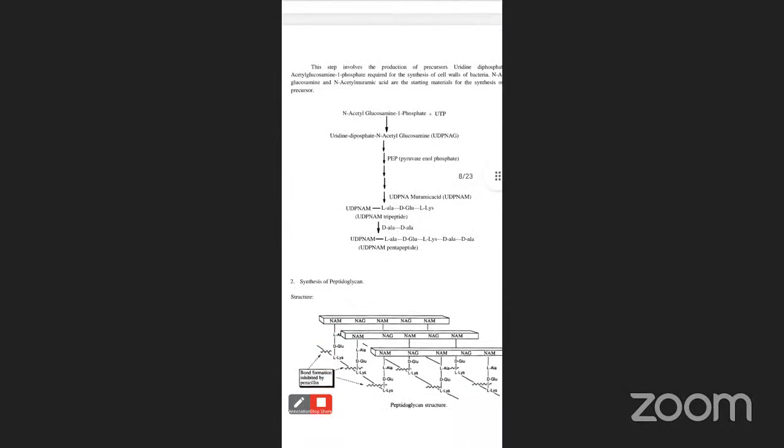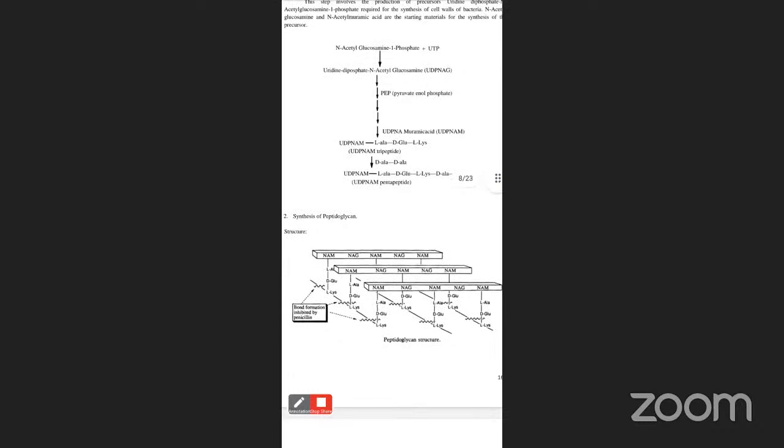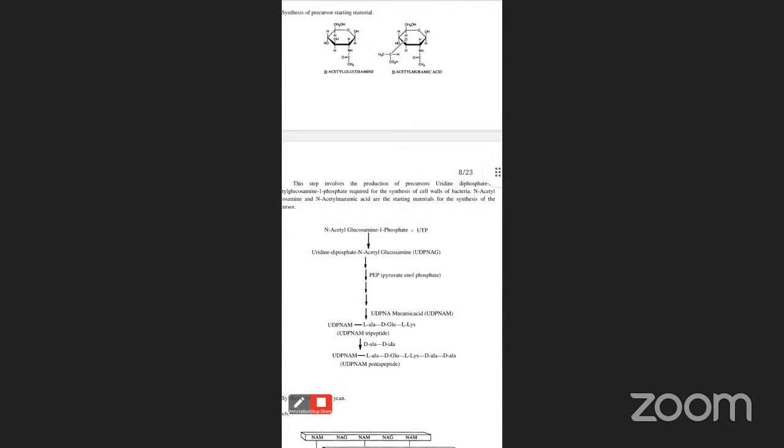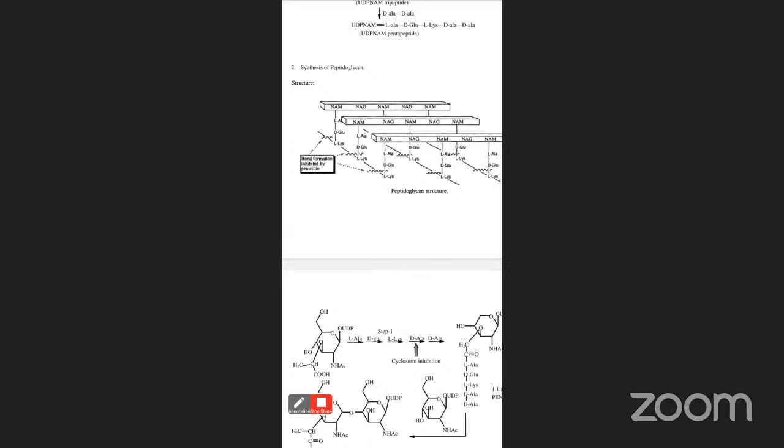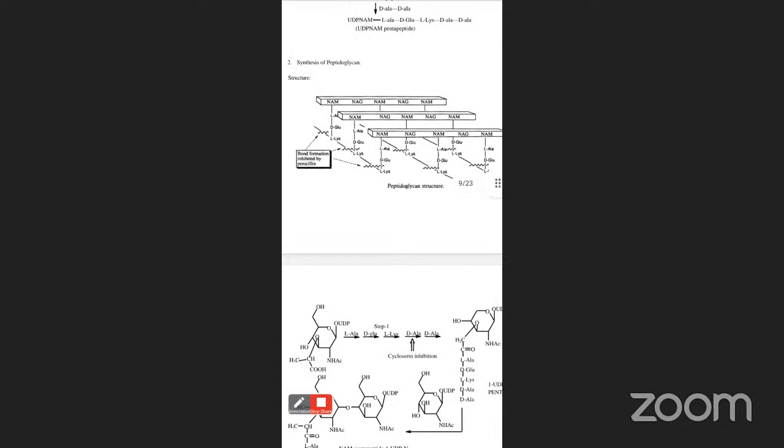And how does this peptidoglycan chain synthesis take place, you can see, right? The second step is the synthesis of peptidoglycan. By combination of NAG and NAM, N-acetyl muramic acid and N-acetyl glucosamine, by peptide formation, you can see the formation of the peptidoglycan chain.